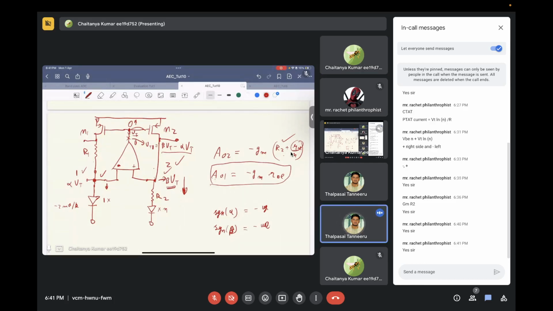That's why you want no inversion on the beta VT side and inversion on the alpha VT side. So this is the direction of the op amp.